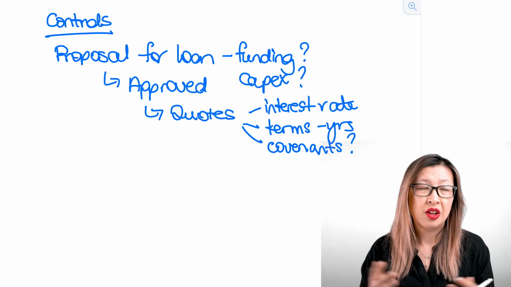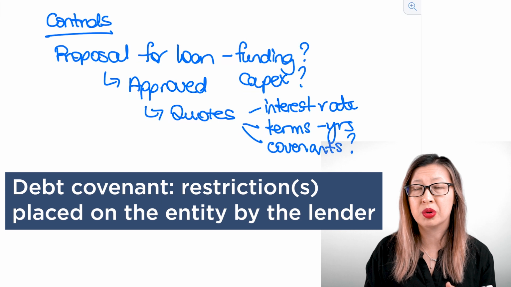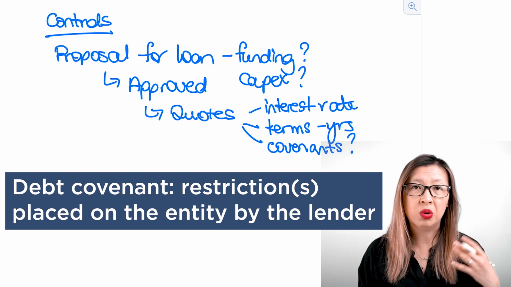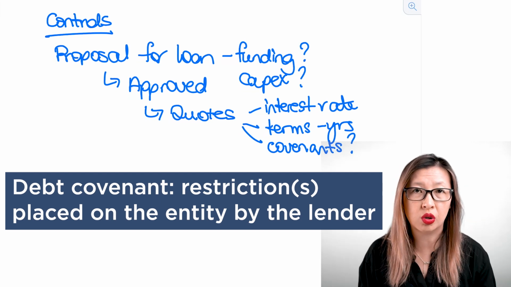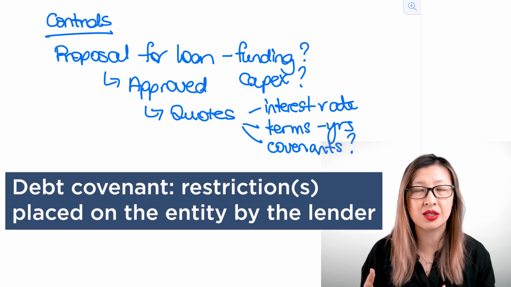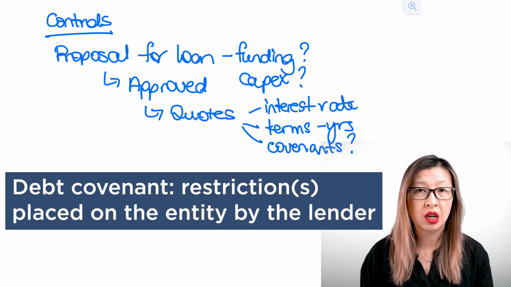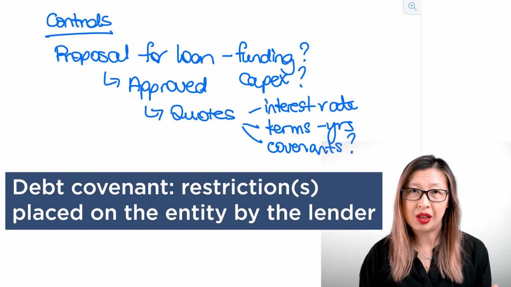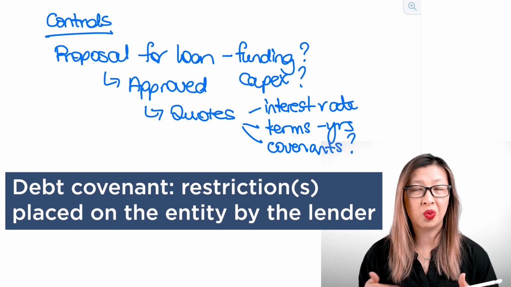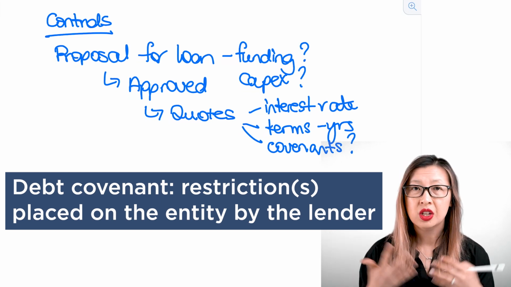Is there anything that we're going to have to report? Will we have to provide financial statements? Will we need to maintain a certain ratio, for example, of current assets, a certain level of inventory? Are there any other restrictions, like perhaps you can't get another loan without this existing lender signing off on it?